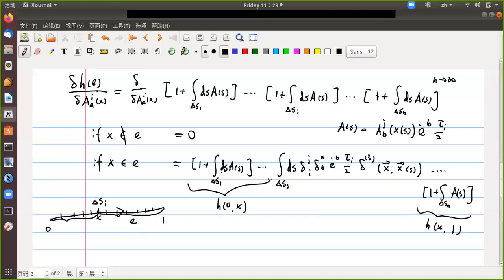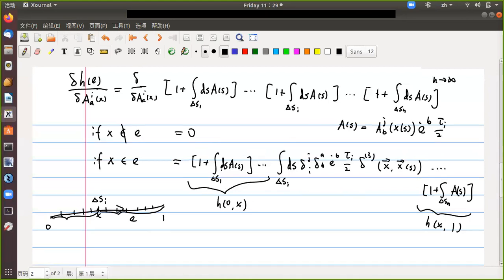This is clearly coming from all the factors before the factor on which we act with the functional derivative, which combine, same as before, to become h_0x. The factors after the factor where we did the functional derivative also combine together to become h_x1.